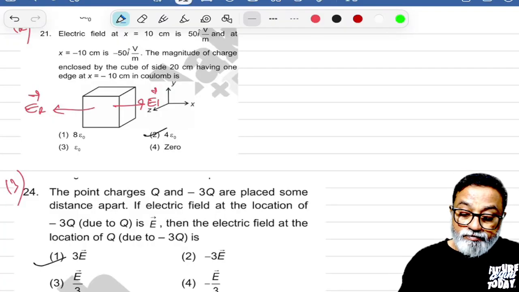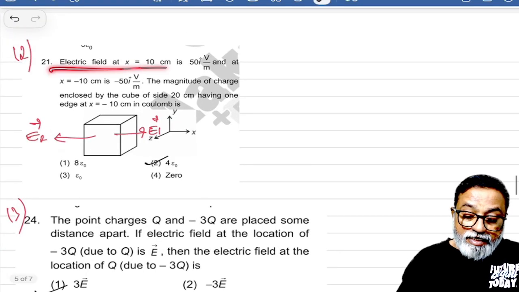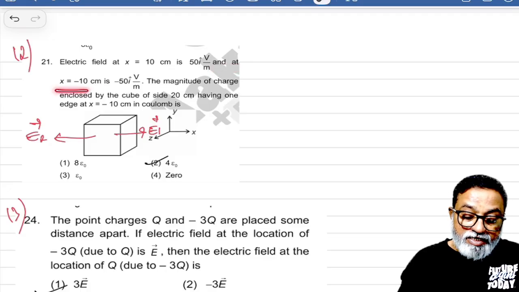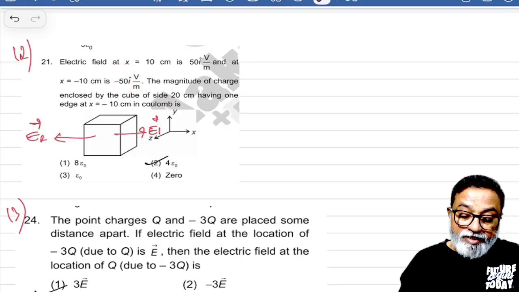Next one. Here the electric field at x equal to 10 centimeter is 50 i cap volt per meter, and at x equal to minus 10 centimeter it is minus 50 i cap volt per meter. What is the magnitude of charge enclosed by the cube of side 20 centimeter having one edge at x equal to minus 10 centimeters, in coulomb?